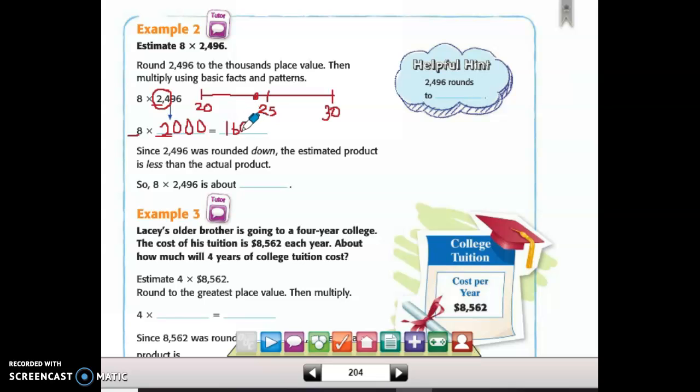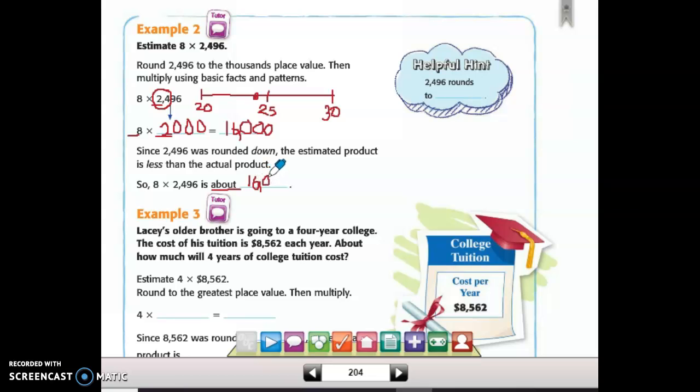Move the decimal or write the zeros. So 8 times 2,496 is about 16,000.